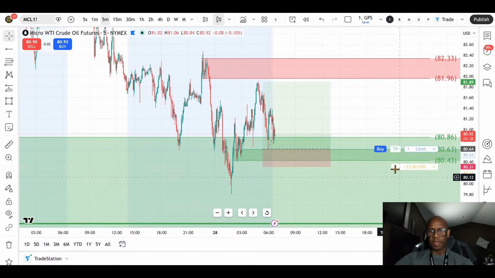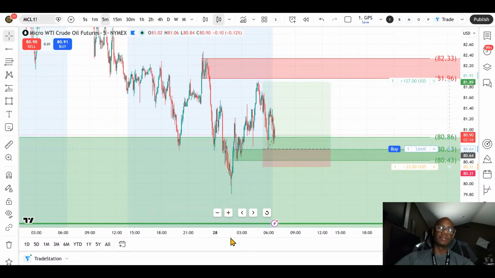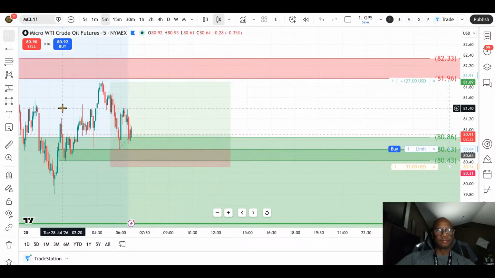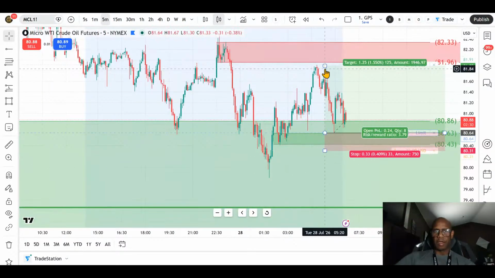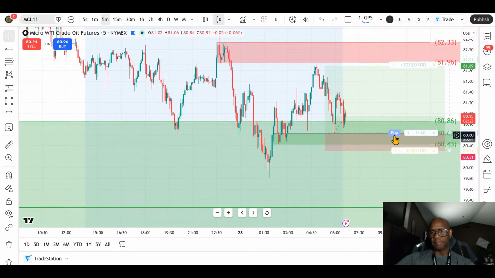You got about a $30 risk per contract to make $127. So playing off of this trend right here after a big drop makes this not a bad trade.